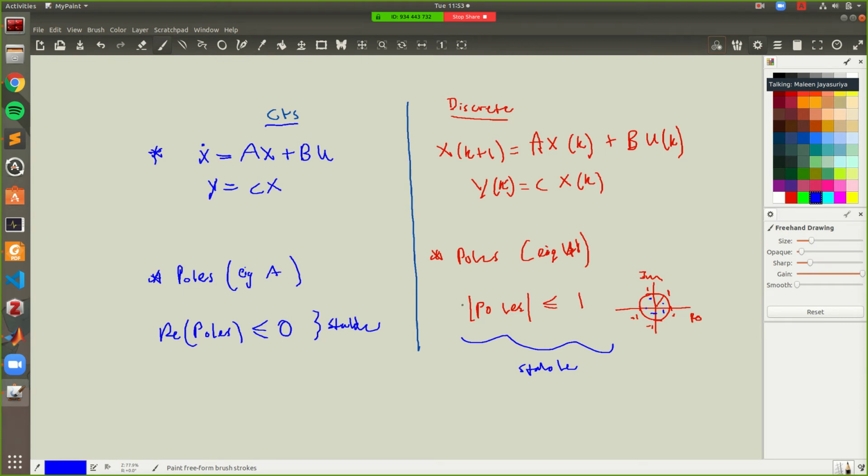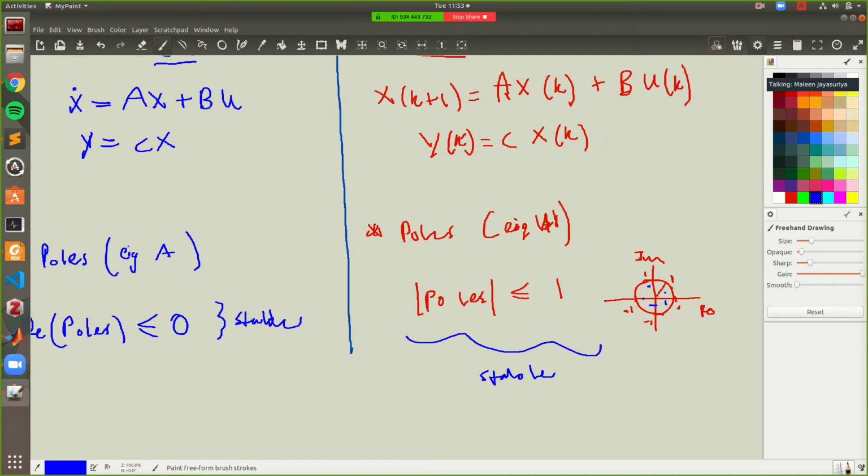The same concepts apply in terms of pole placement. What we do in pole placement is readjust our A matrix by negative feedback. For example, if we want an unstable continuous time system to be stable, we set the real values towards the negative half of the real and imaginary plane. Here, if we want an unstable system to be stable, we try to include the poles inside this unit circle.